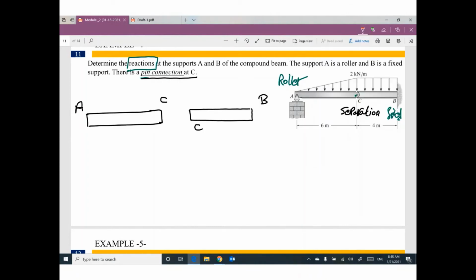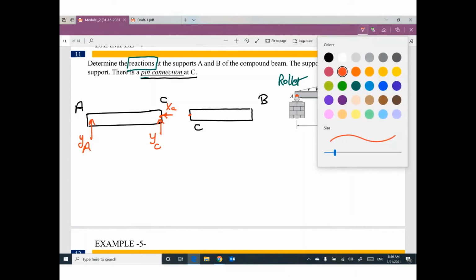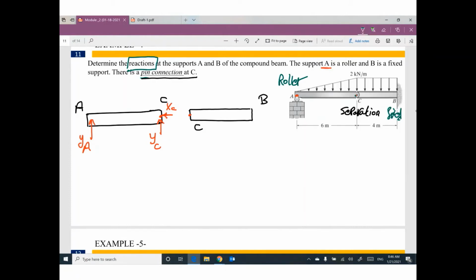Remind me, what are the reactions at A? A is roller. So we have only one reaction, YA. What about C? C was pin connection. So if you assume we have two reactions, YC and XC, like this, I believe this reaction will be the same here, but in opposite direction, like this.